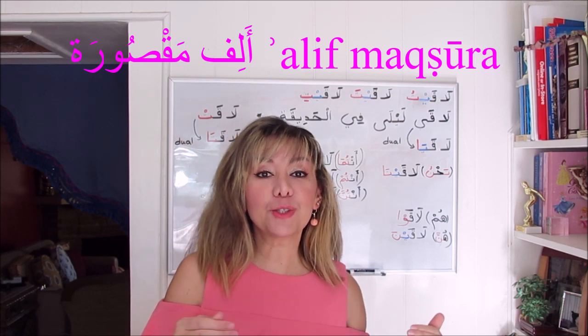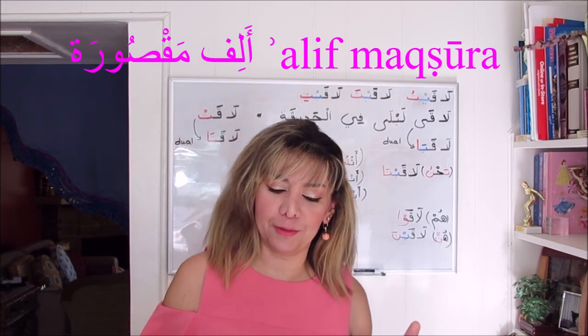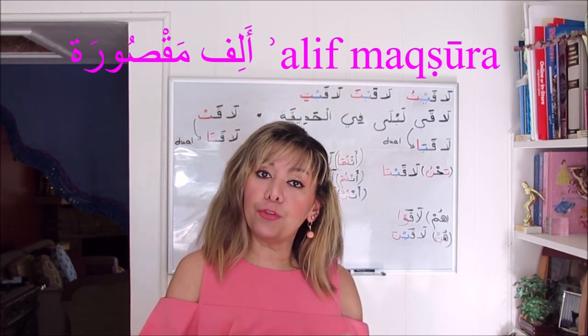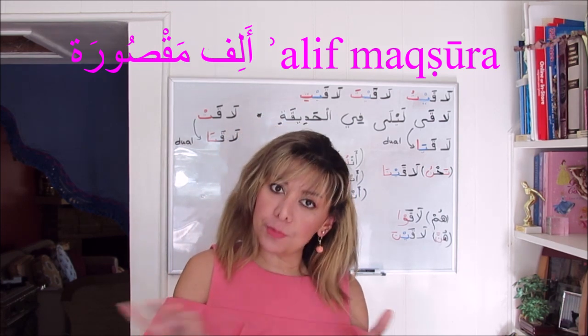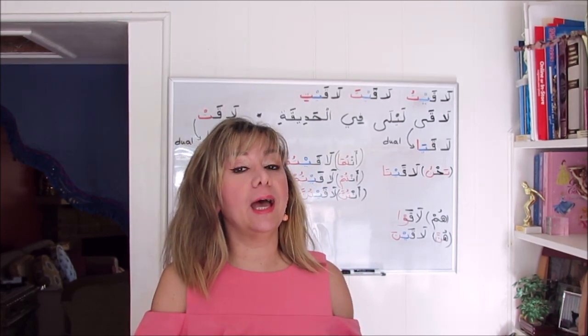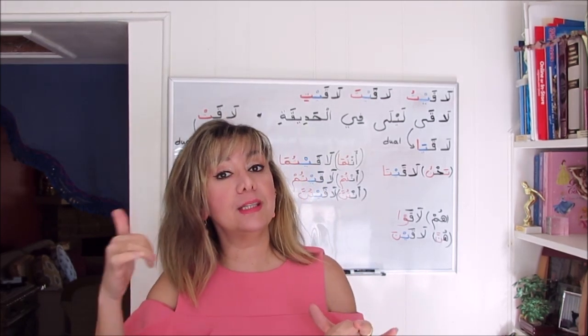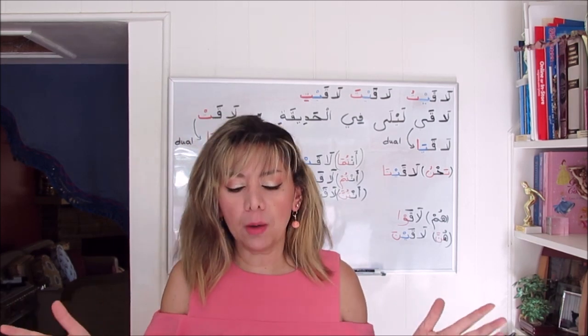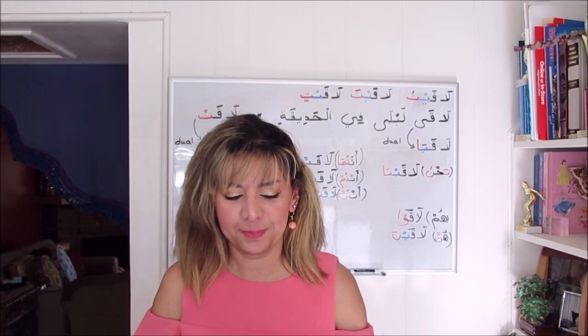Alif maqsura, shortened alif, that looks exactly like the final form of ya, stripped of dots, and strictly used at the end of words with the preceding fatha, acting as a long vowel, just like alif.